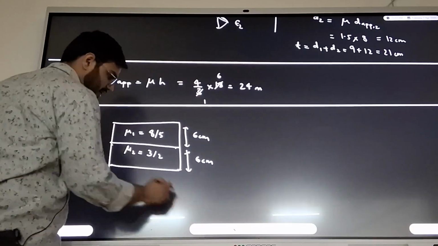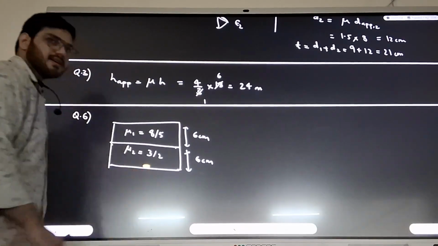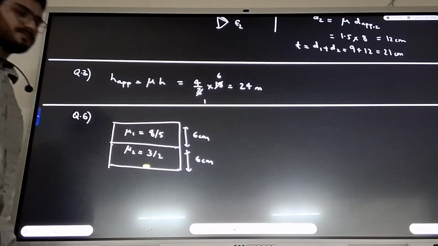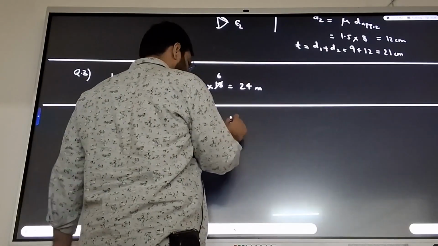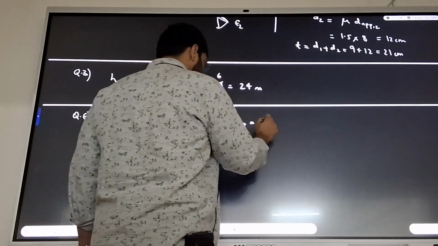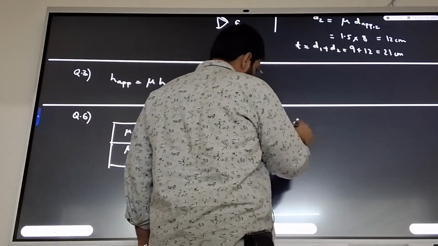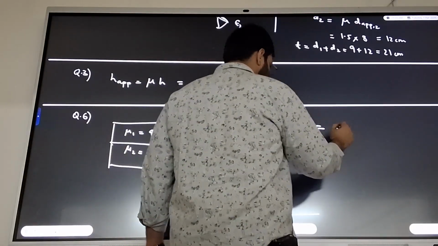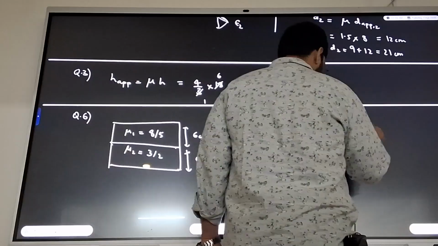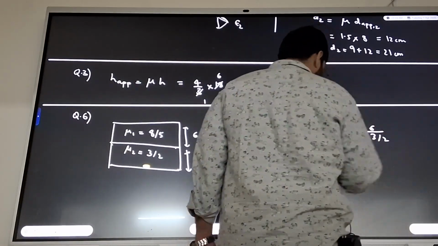You place a coin at the bottom of it, then what is the apparent depth? Fairly simple. D apparent is d1 by mu1 plus d2 by mu2, 6 by 8 by 5 plus 6 by 3 by 2.